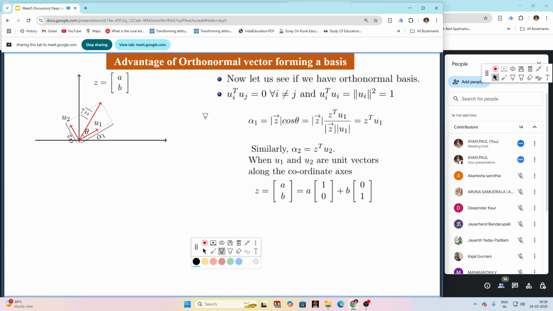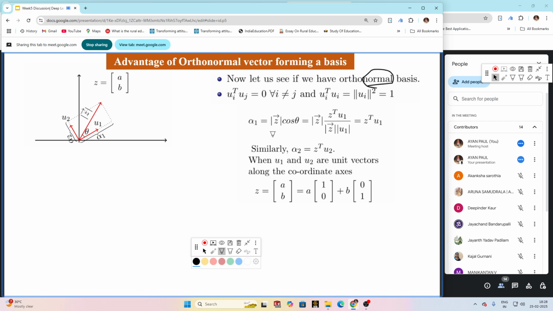The dot product of orthogonal vectors is 0, and as these are orthonormal, that is normal, the magnitude of these basis vectors is 1. So |u1| will be equal to 1.